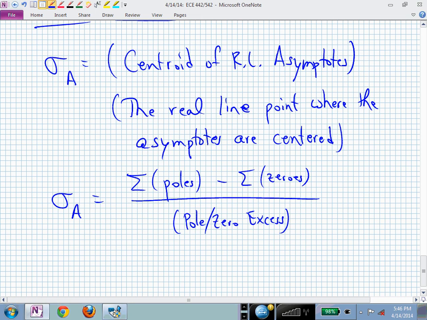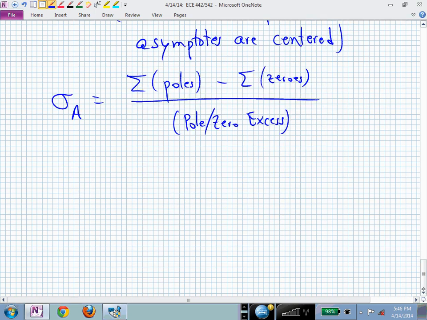Their angle, which I'm just lumping as phi sub A, if you want all of them, then you need to iterate through or crunch through all the different integers n.